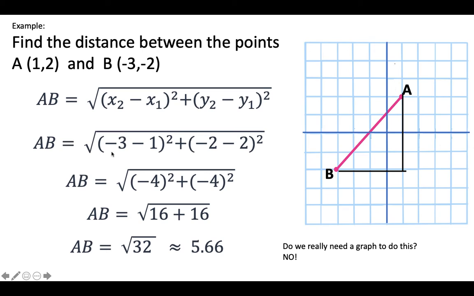So let's do what's in parentheses first, because order of operations, negative 3 minus 1 is negative 4. Negative 2 minus 2 is negative 4. If we square those, we get positive 16s. So you should never have a negative distance. We get positive 16s. If you're doing this in a calculator, make sure that you're putting the negatives in parentheses before you square them. 16 plus 16 is 32, and the square root of 32 is about 5.66. So that's what these wavy equal signs mean.